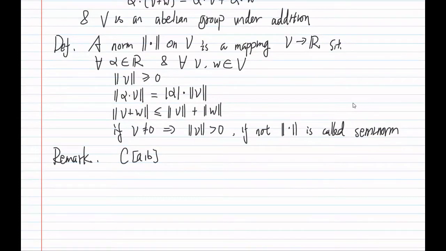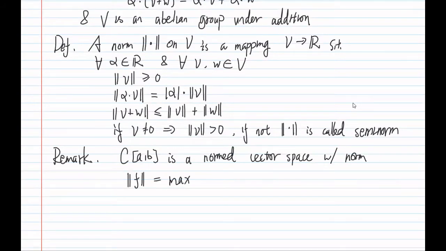And I'm going to claim that C[a,b] is a normed vector space with norm, the norm of f equals the maximum of the absolute value of f on the interval [a,b].